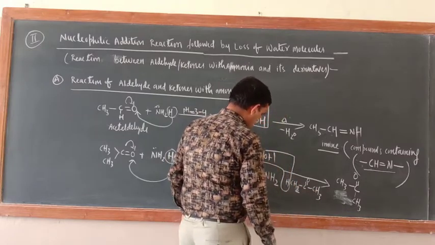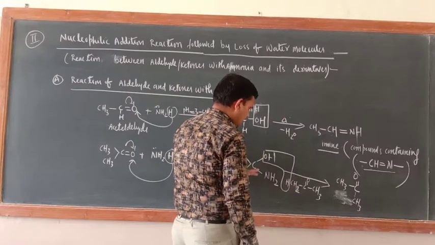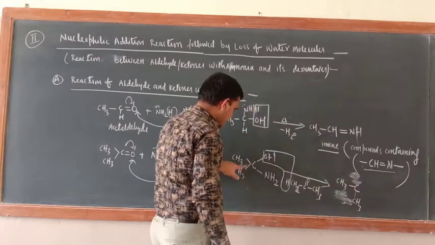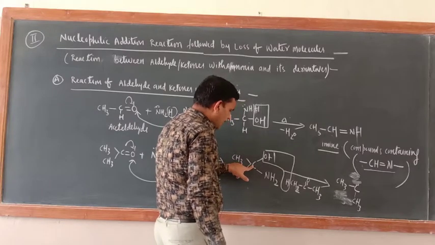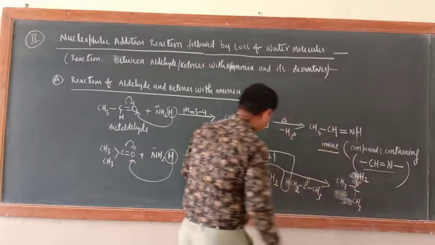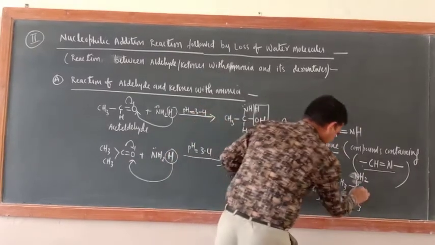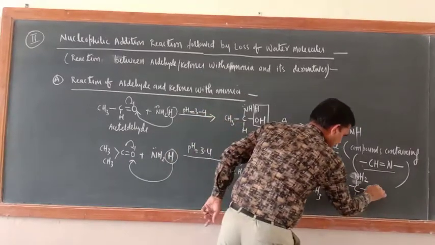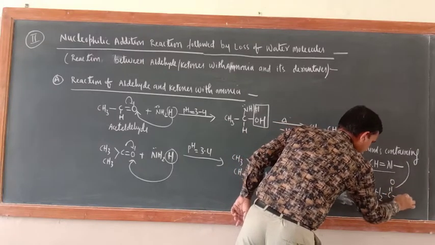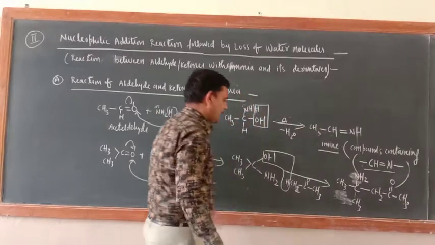CH3, C, now the double bond won't be here. CH3, CH3C, and now here NH2, NH2. The rest of everything is this molecule: CH2, here C double bond O, CH3. Yes, it is correct.